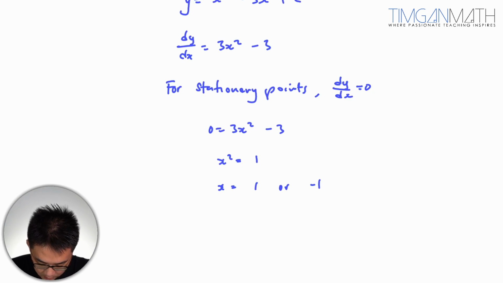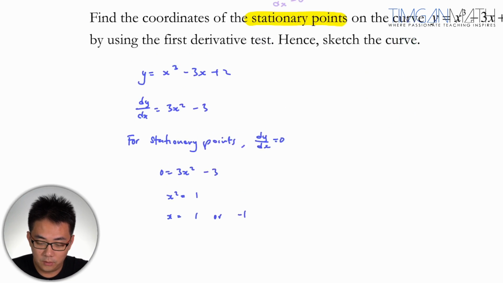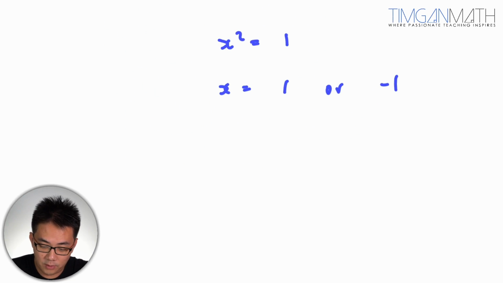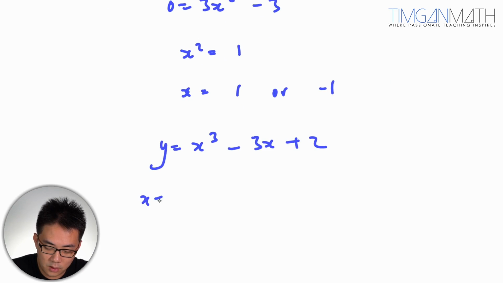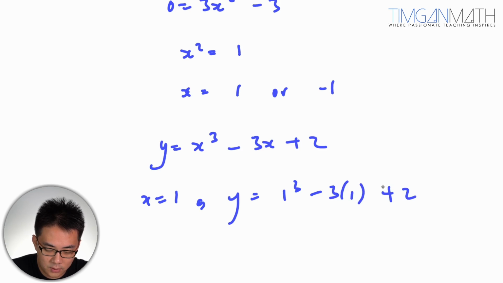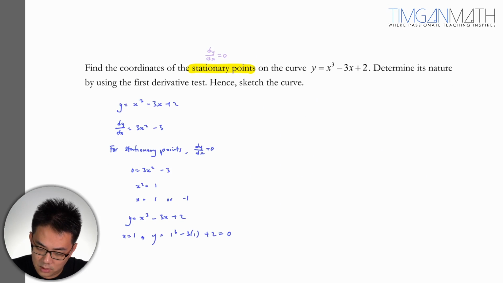Okay, so what we will expect is to find out the y value. The y value will be y equals x cubed minus 3x plus 2. So when x equals 1, y will just be 1 cubed minus 3 times 1 plus 2, which is 0.